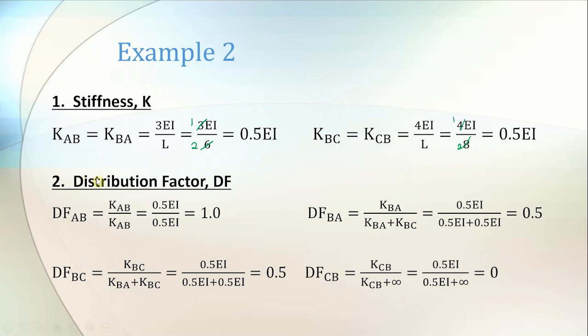Then for step number 2, we're going to calculate the distribution factor for each beam. First, we do the distribution factor A to B. AB, so it means that A to B. KAB divided by KAB. Because we are doing the distribution factor for AB, therefore the stiffness is going to be KAB. But what you divide by down here is based on exactly which beams stay on the support.